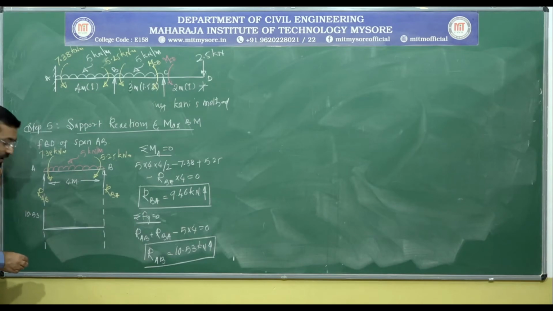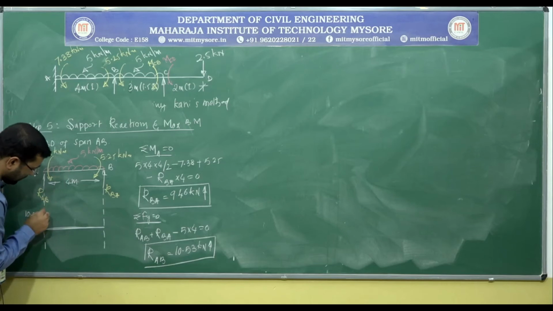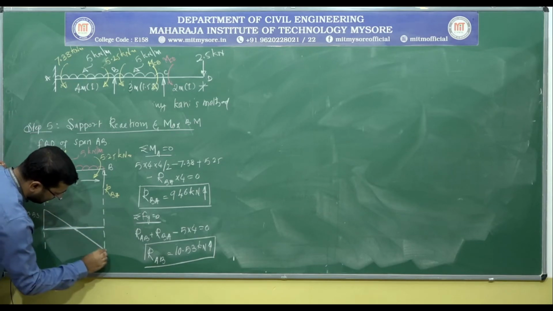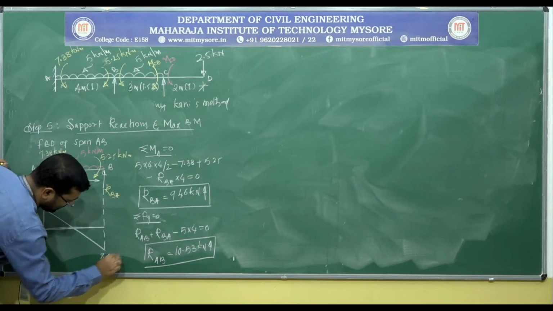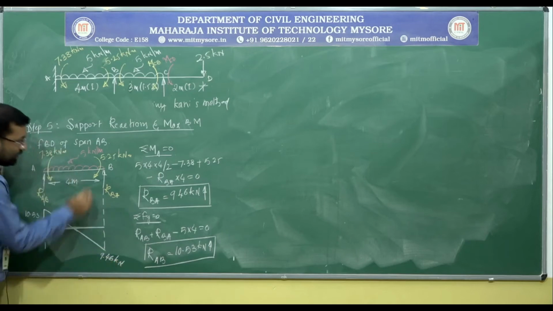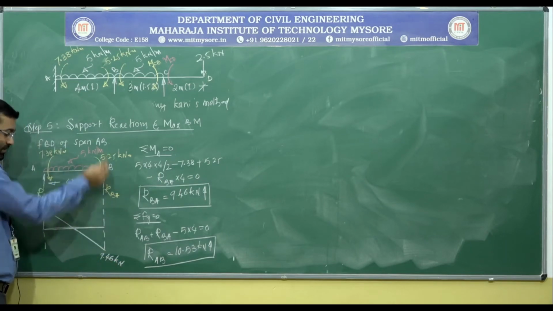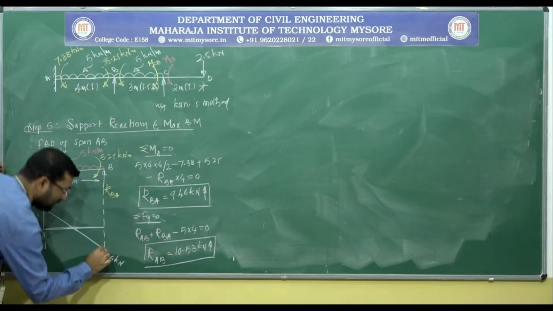We will get a negative value. So negative value means I have to take the line on the other side. Because of UDL, the variation will be linear. So here this value is minus 9.46 kilonewton. At B point we have a reacting force RBA which is acting upwards. So minus 9.46 plus 9.46, it will be 0.